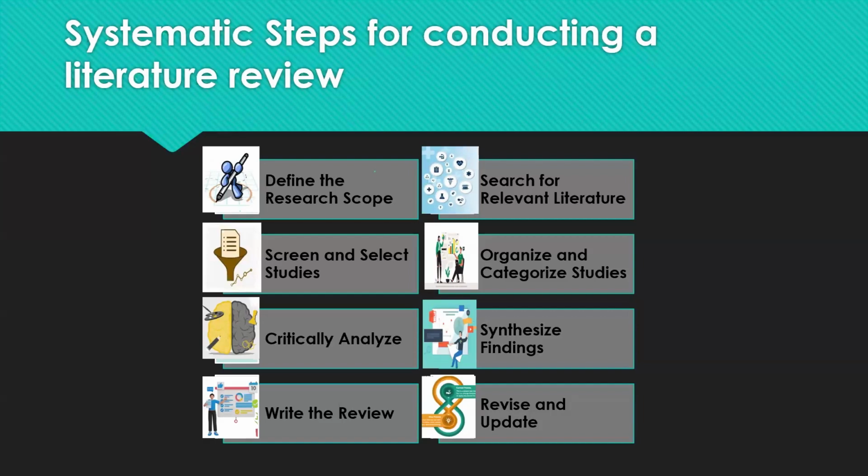The second one talks about searching for relevant literature. Relevant literature talks about different types of academic databases, libraries and other scholarly sources that are used. You need to choose the keywords which help to find studies directly related to your research topic. We have different types of academic databases available in the resources.